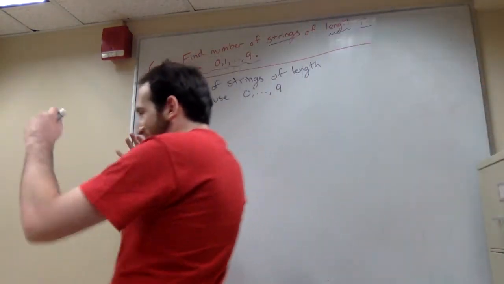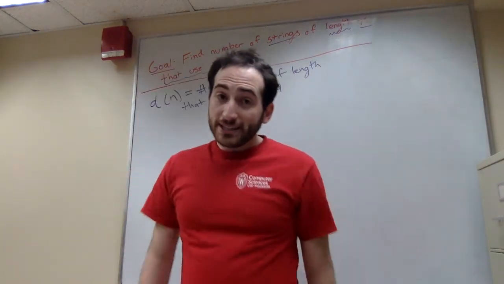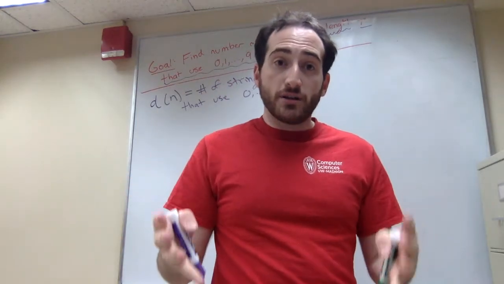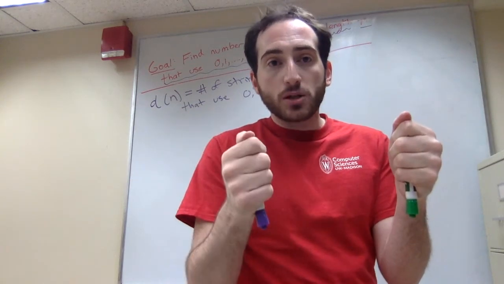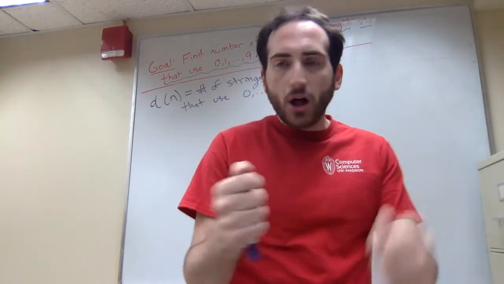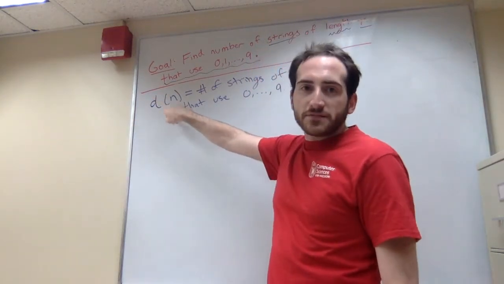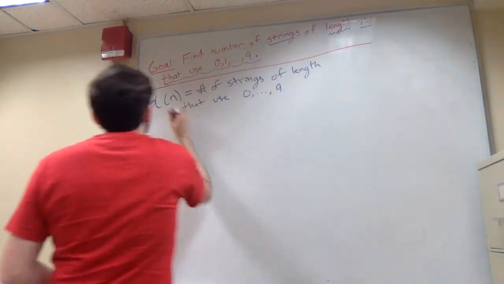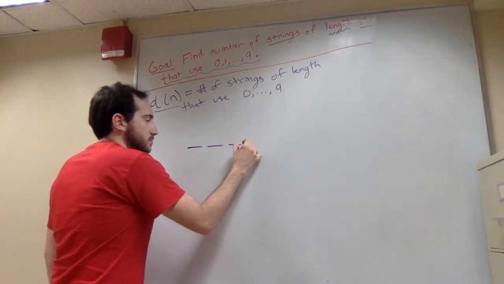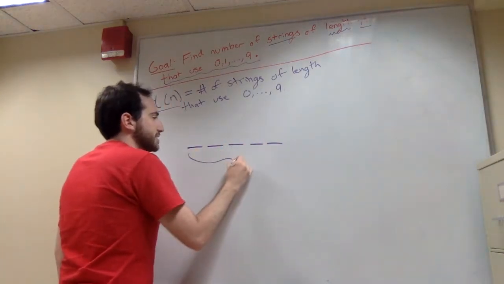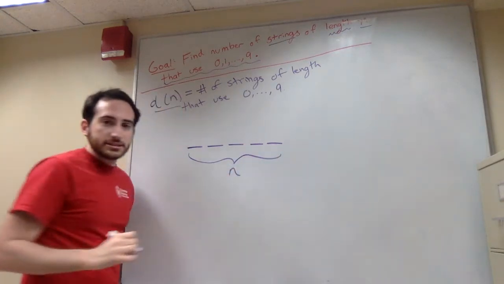So let's think recursively. The idea behind recursion is we are going to take our problem and reduce it into a smaller problem that we will then solve by just pretending like this function worked. So the number of strings of length n, well, let's pretend that there are n of these.